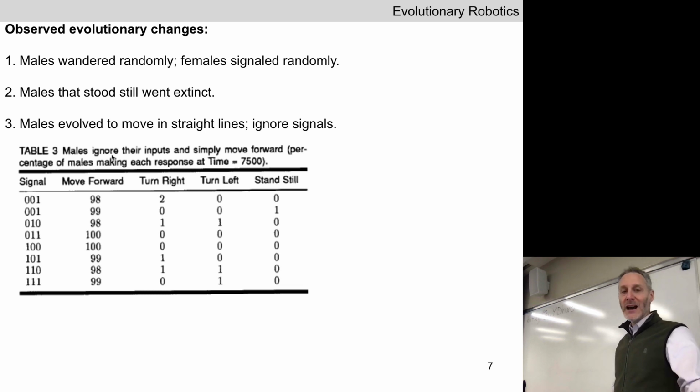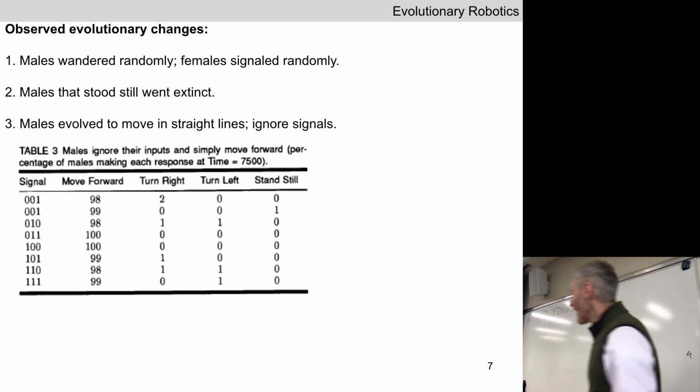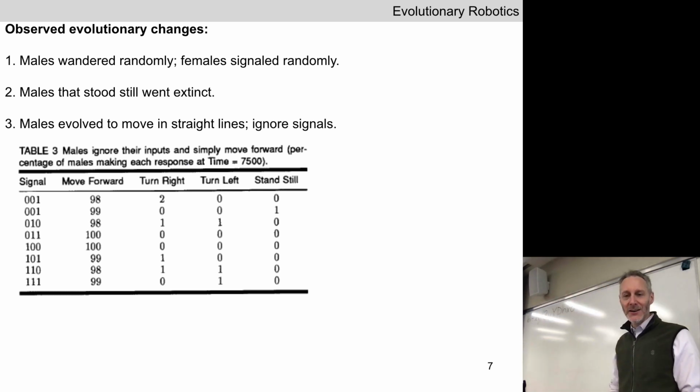They are clearly now ignoring any difference, if there is any, in the distribution of signals emitted by the females. Go straight. I know one of these investigators, but I never got around to asking him. I would imagine when they saw this data, they were probably pretty depressed. This does not look like the kind of place in which the evolution of communication is going to occur. Looks like a failure to me.